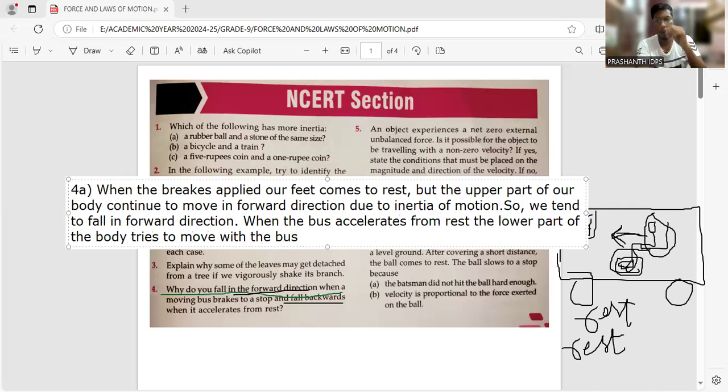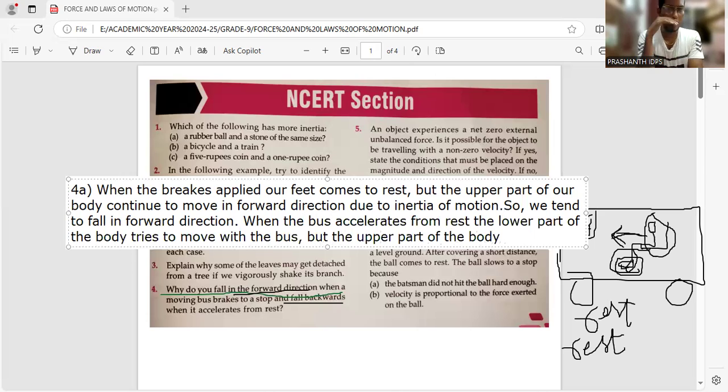Understood, all of you? Okay, lower part, again, your feet, tries to move with the bus. But what happened? The upper part of the body.